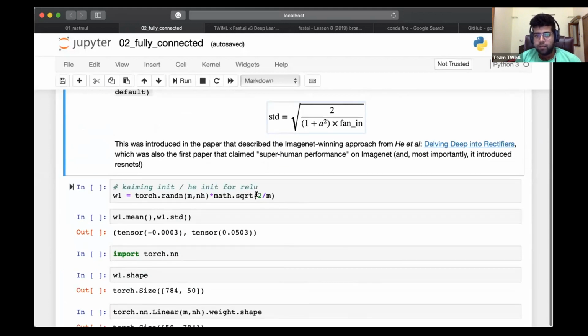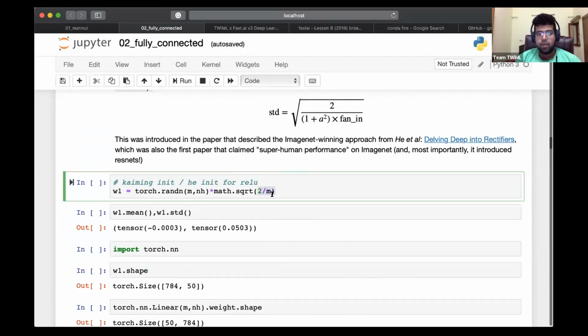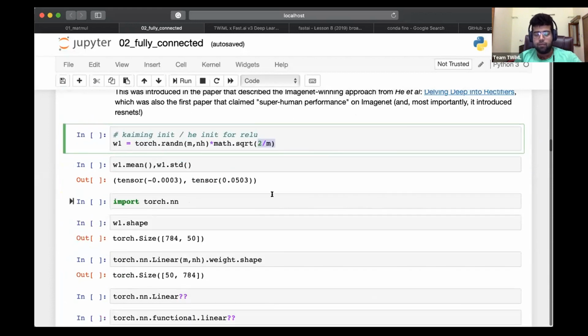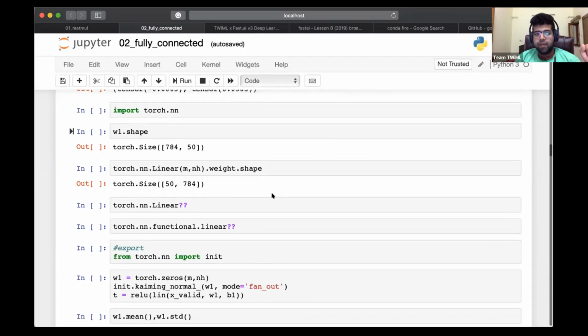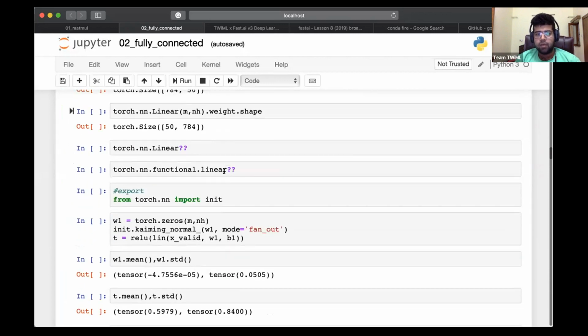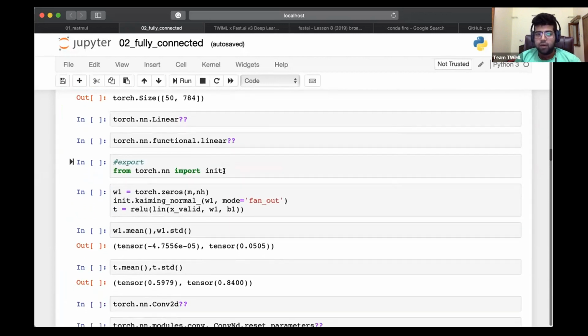So that is done after this for the first matrix of weights, followed by which we call the linear from torch.nn, and we check the shapes. Next, we call init.kaiming, and we call the fan out.